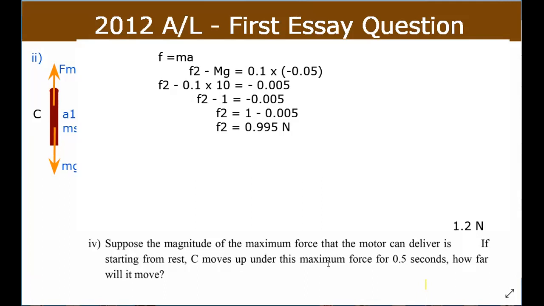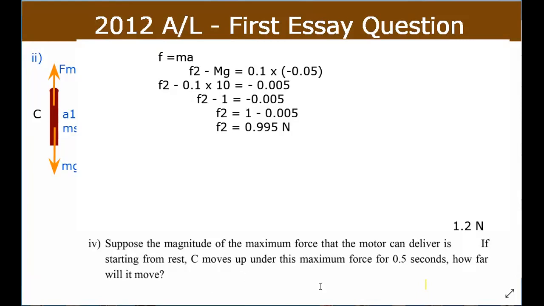If starting from rest, C moves up under this maximum force for 0.5 seconds, how far will it be moved? So first of all, what should you do, dear? We know the force, we know the mass. They ask us to find the distance traveled by C. So what should we do, dear? Find the acceleration.